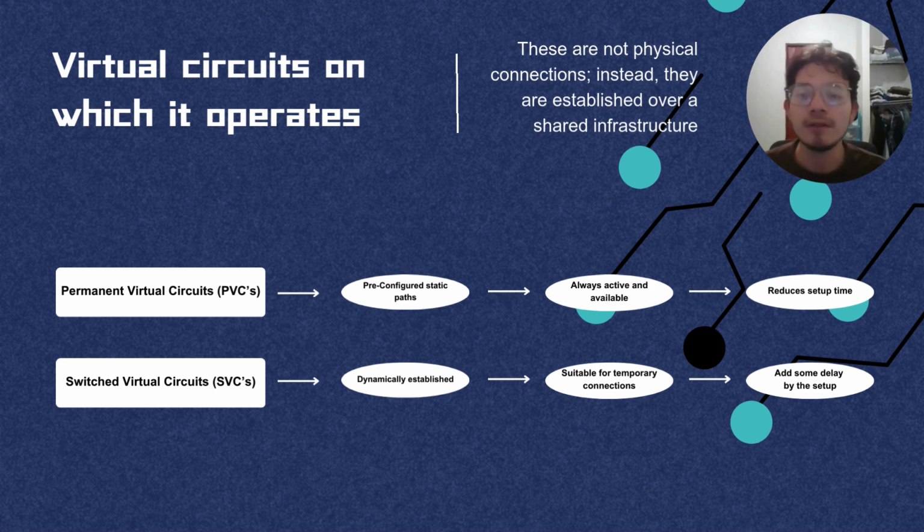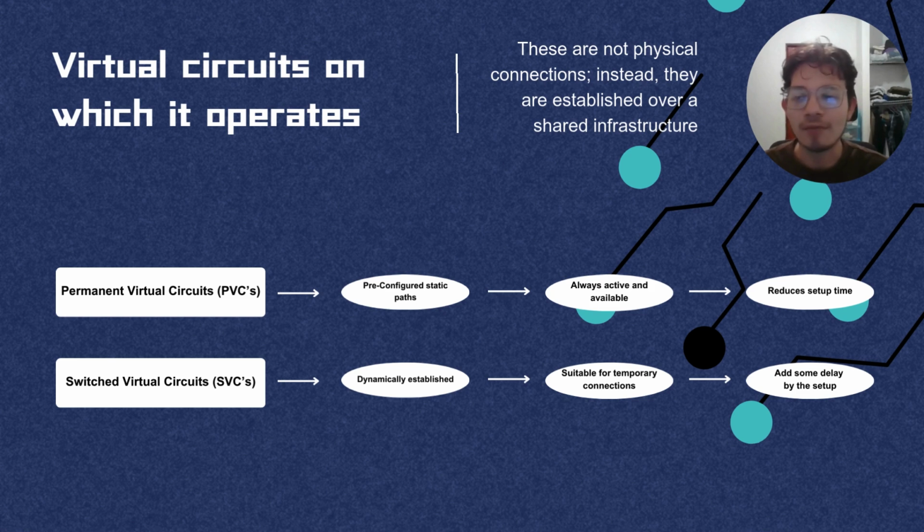And what about the virtual circuits in which it operates? We have two: the permanent virtual circuits, or PVCs, that are pre-configured static paths established by the network provider between two endpoints that are always active and available and reduce setup time.